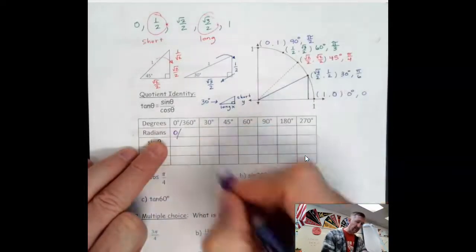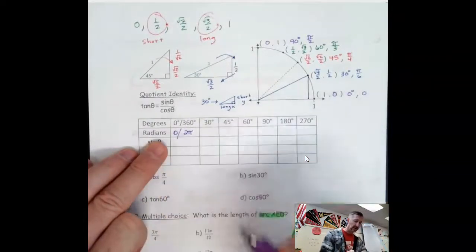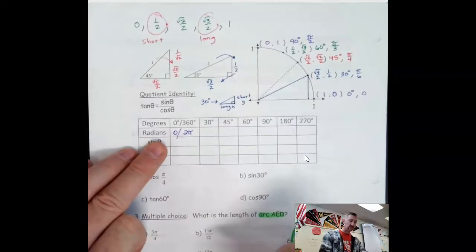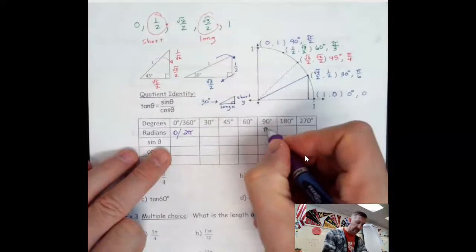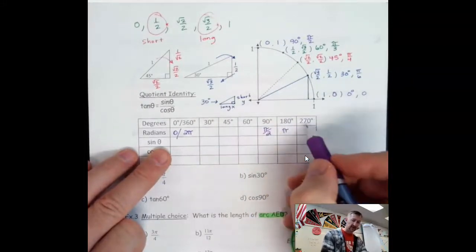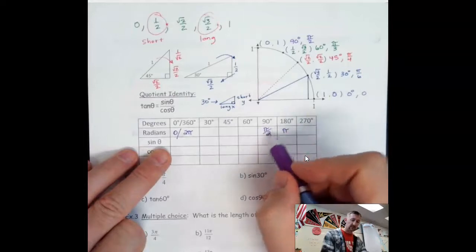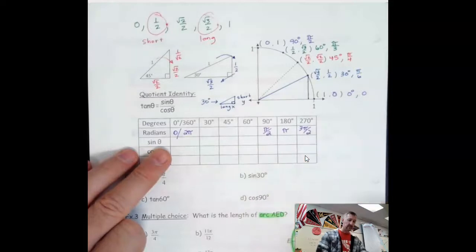And if we go all the way around the circle and come back to there, 360 degrees, that's 2 pi. Okay, and then 90 degrees, we talked about that, that's pi over 2, and 180 is pi, and 270 would be 3 90s, so that's 3 pi over 2.